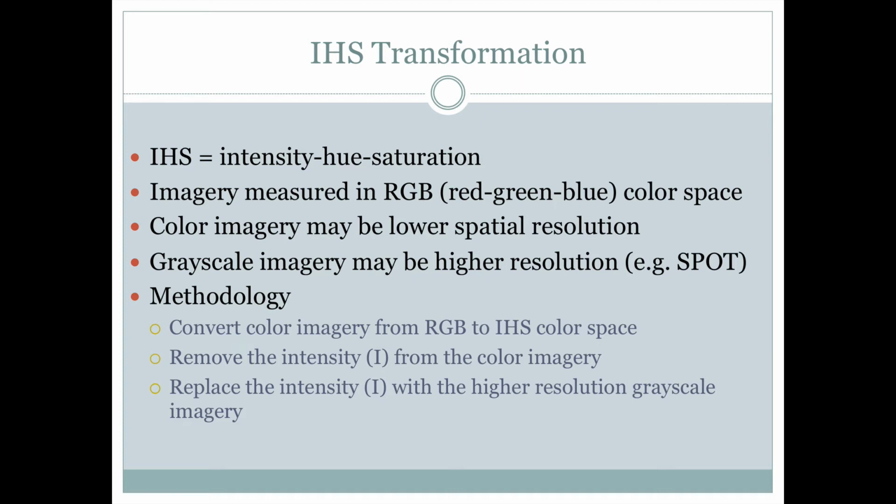We can remove the grayscale from the color imagery, and then take the grayscale imagery that was collected at a higher resolution, such as the 10-meter SPOT imagery, and substitute that in for the I portion of this color model. We get something that is a higher resolution image than what we had with the 30-meter color imagery. It's a combination of 10-meter grayscale imagery and 30-meter color imagery.